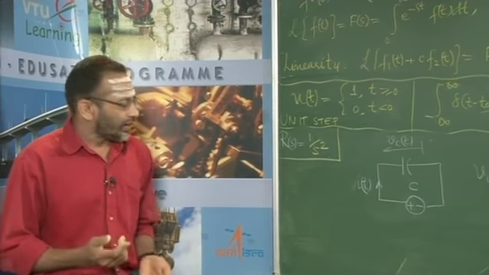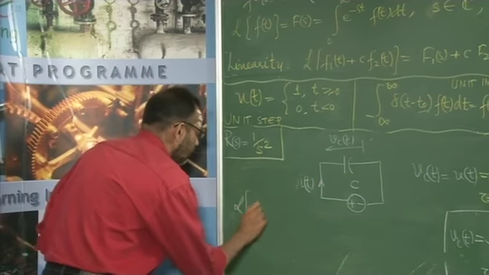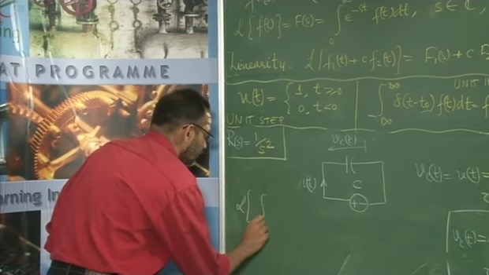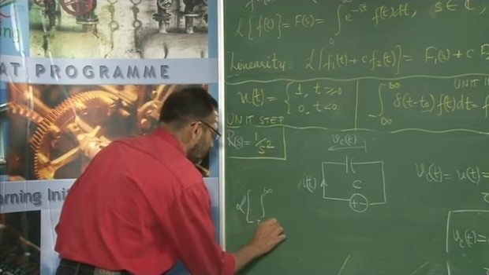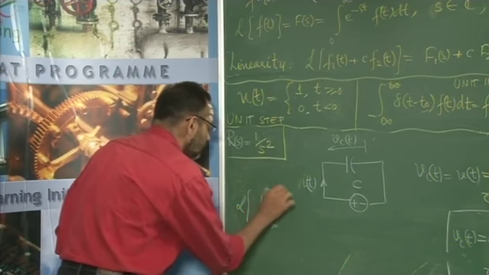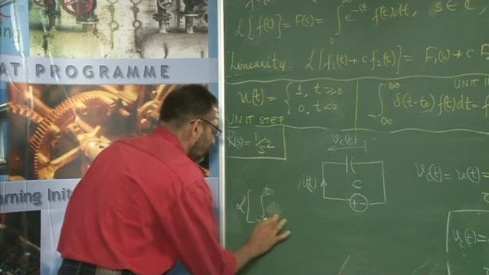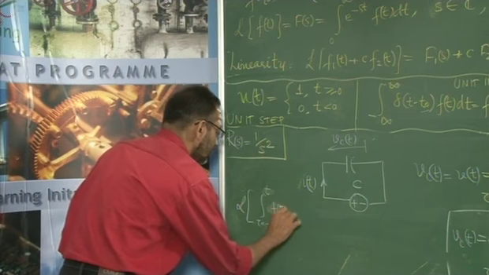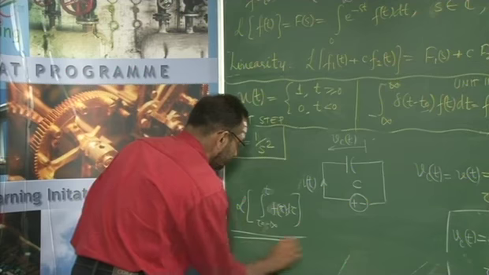Now, the question is, I can actually go and compute the Laplace transform of the integral from tau equal to 0, or even minus infinity, to t of f of tau d tau. I can compute this directly.